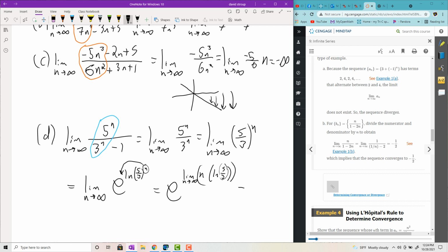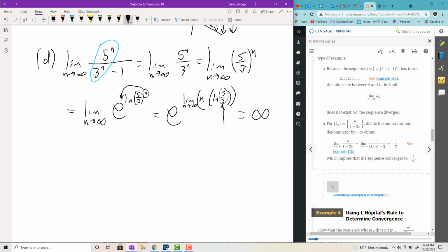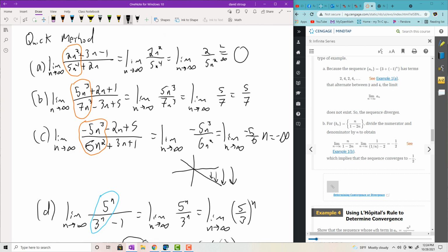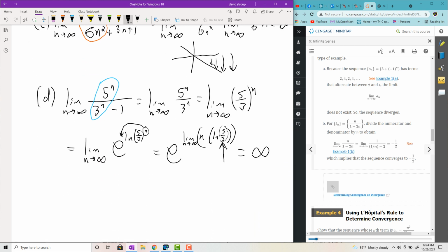But in this case, this thing will go to infinity because of that thing inside here. So the moral of this story is there's a lot going on here, right? Not only am I now able to apply this quick method to these different types of limits, but I also note some interesting factoids.